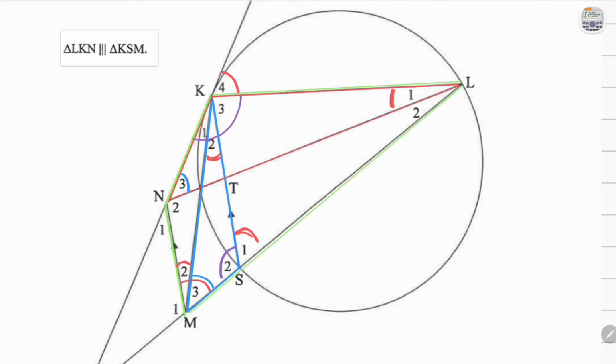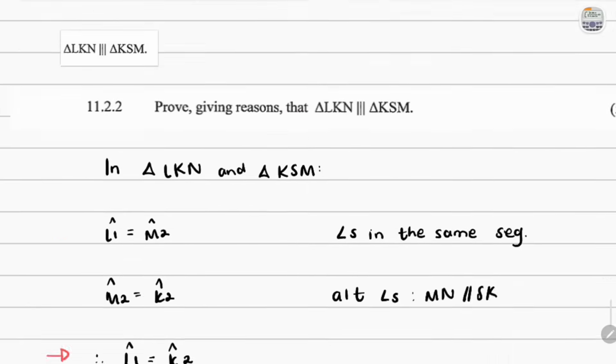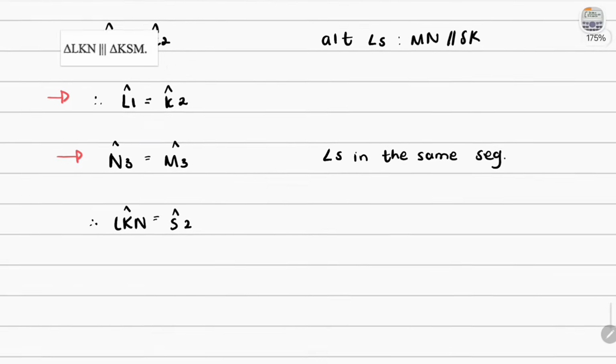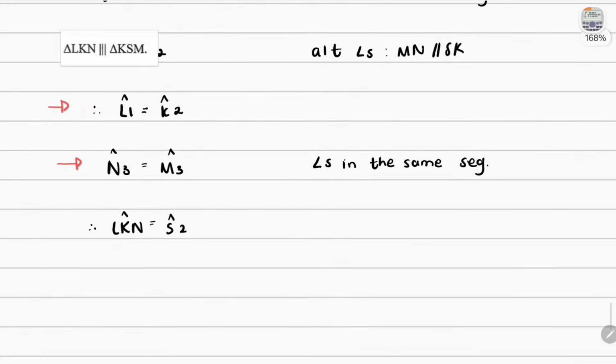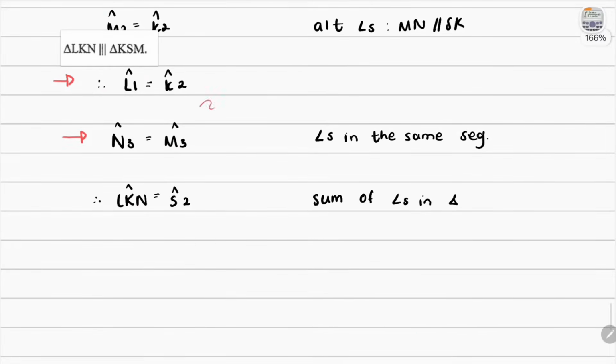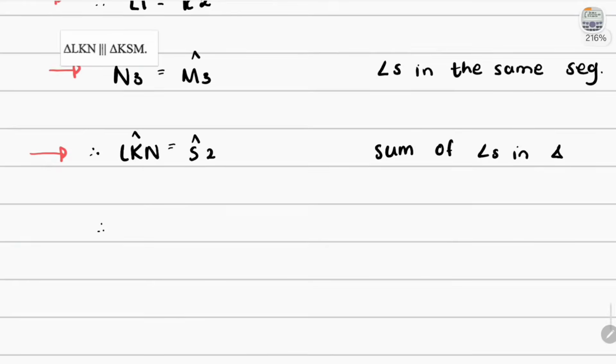So angle LKN is equal to angle S2 because we have two other angles equal. Your reason here can either be third angle in a triangle, or the sum of angles in a triangle, because they should add up to 180 degrees. So by default, they are equal. With these three angles being equal in each triangle, this finally concludes that triangle LKN is indeed similar to triangle KSM.